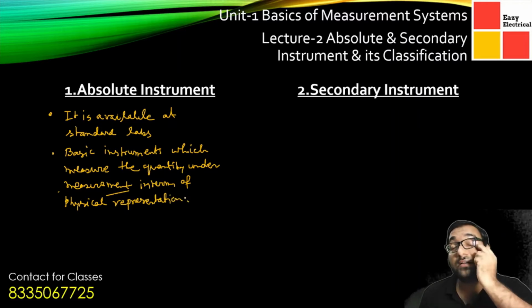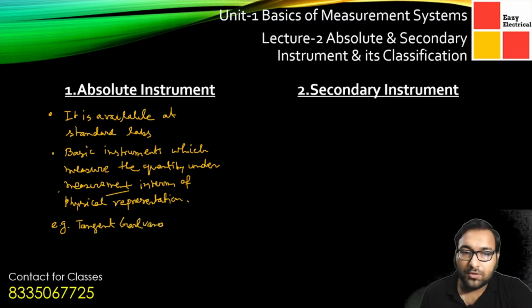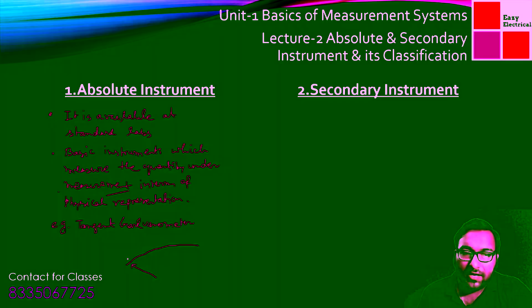It means that there will be a physical representation or physical displacement of any part that will ultimately indicate the value. Suppose, for example, the tangent galvanometer. Tangent galvanometer is an example of an absolute instrument. What it does is deflect a pointer from its initial position. Suppose a pointer is placed on this scale and here is the 0 position.